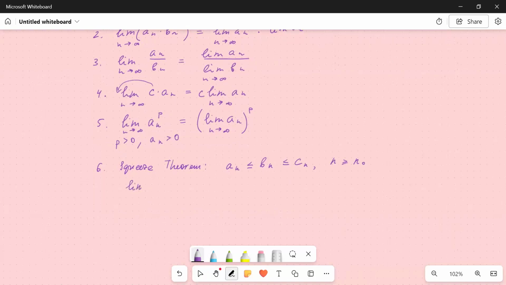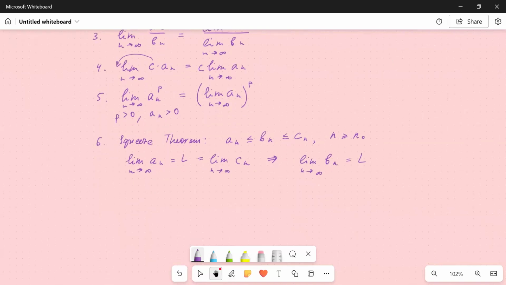And if you know that the limit of an equals L and equals the limit of cn, so if the outer sequences have the same limit, then the limit of bn, the one in between, is also equal to L. That's why we call it the squeeze theorem. If a sequence is sitting between two convergent sequences, it's going to converge and the limit is going to be equal to the same number. There is no escape for that sequence, right?